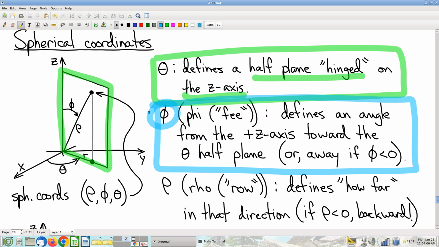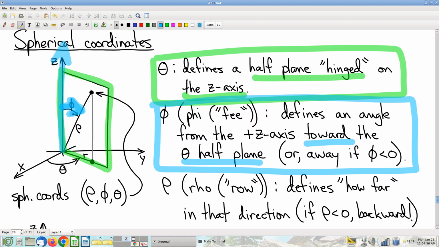Anyway, phi. It's the angle measured off of the positive part of the z-axis, and very importantly, measured toward the theta half plane. Right? So it doesn't go back this way. That would be a negative value of phi. So positive values of phi are in the direction toward the theta half plane. Is everybody with me?